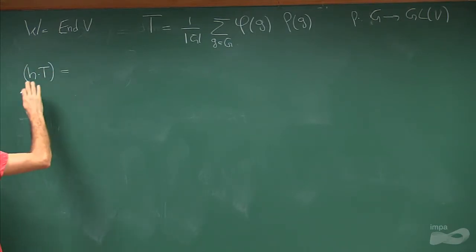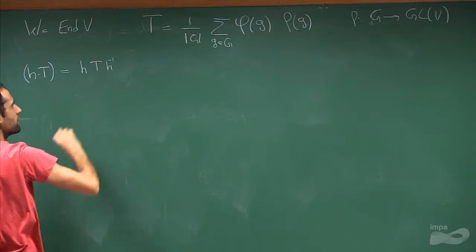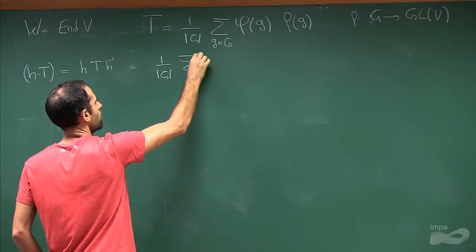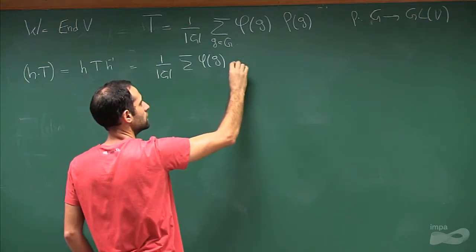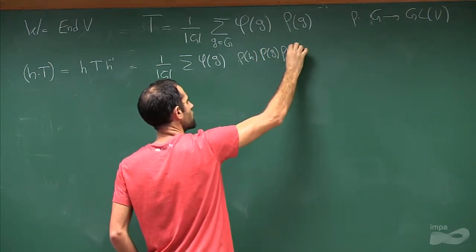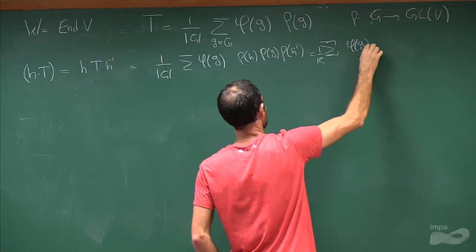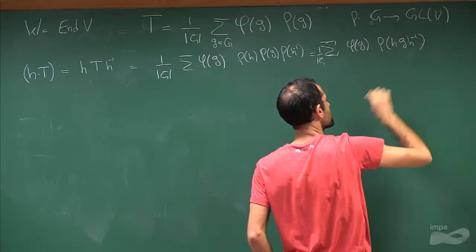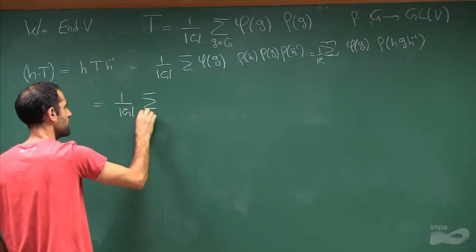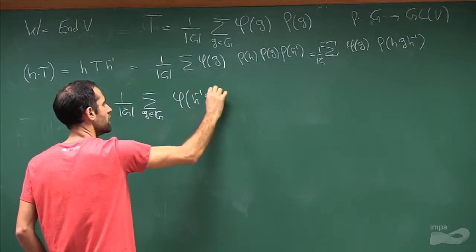By definition, this is the endomorphism of V which is the conjugation h T h inverse, which is 1 over |G| the sum of phi of g, and now here is rho of h, rho of g, rho of h inverse, which is 1 over |G| the sum of phi of g, rho of h g h inverse, and this is 1 over |G| the sum over g, with the same relabeling, of phi of h inverse g h, rho of g.